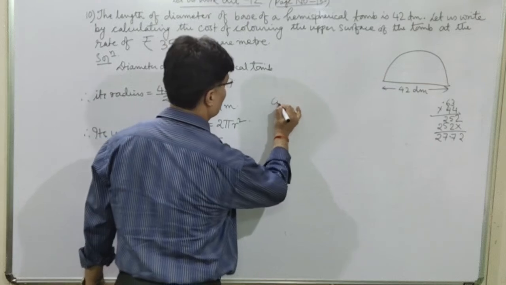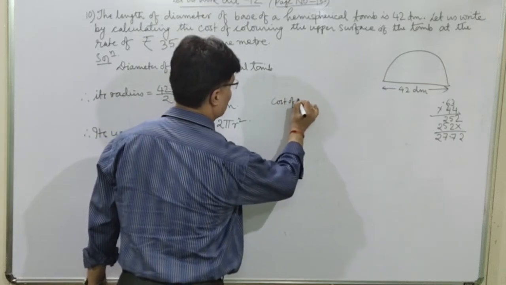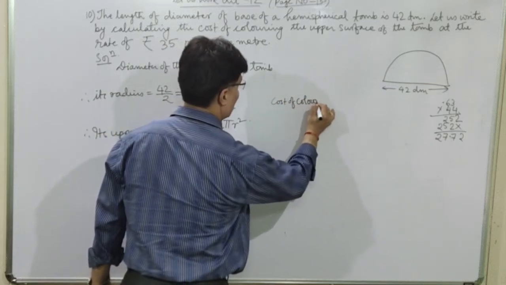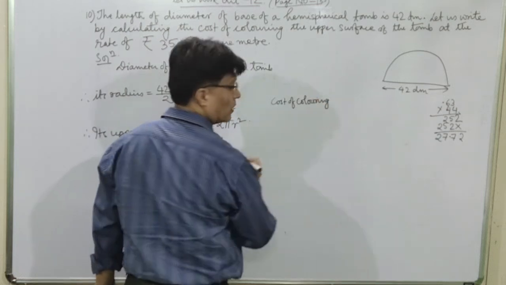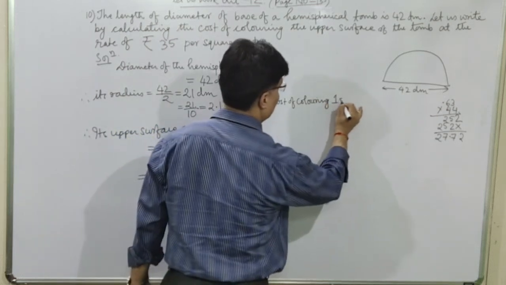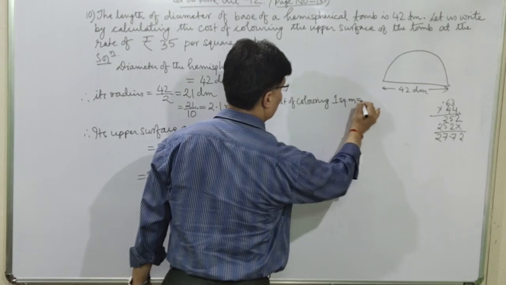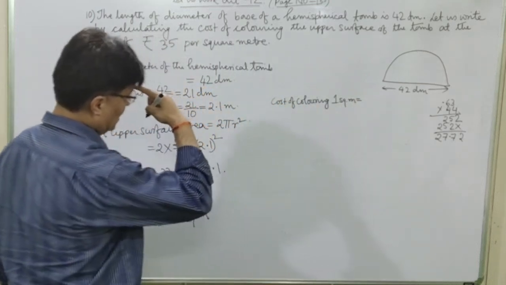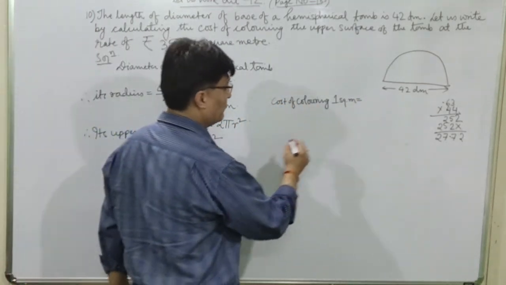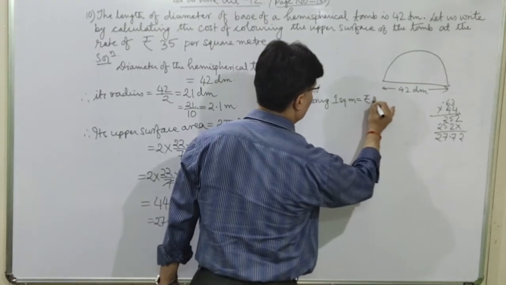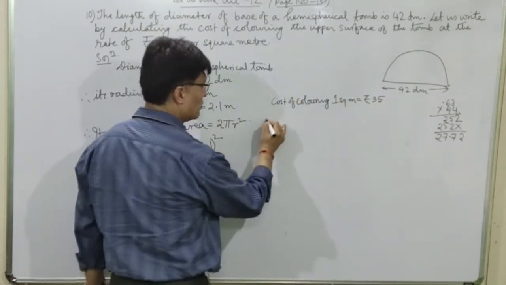So now cost of coloring 1 square meter is equal to, how much is it? This is rupees 35. You can use the unitary method now.